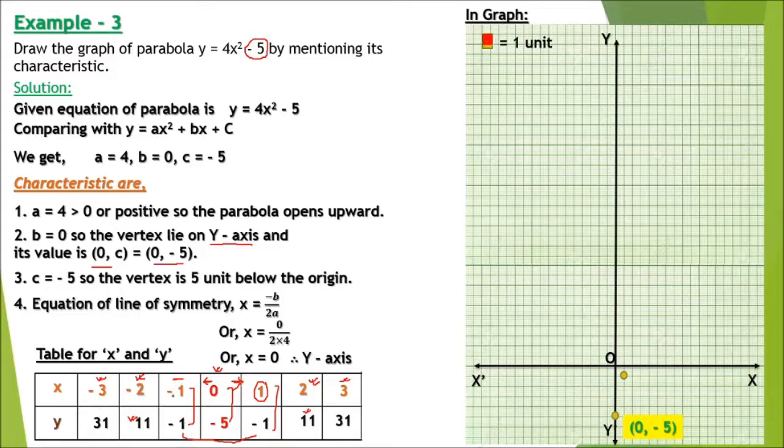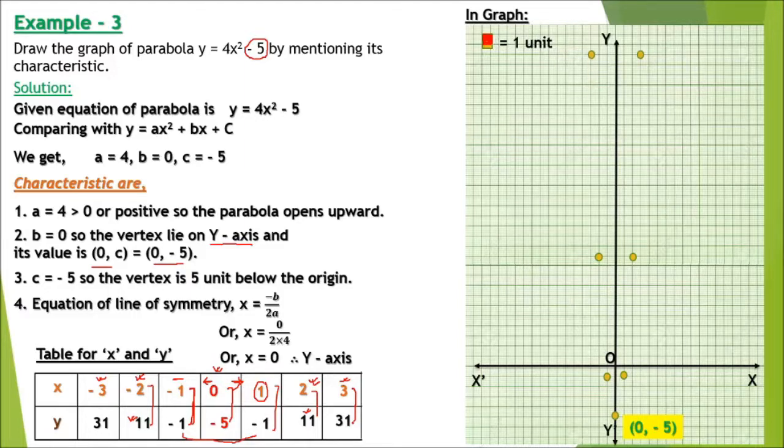Then the next points are (2, 11) and (-2, 11). You can see (2, 11) right there. Next it will be (3, 31) at the top, and (-3, 31).